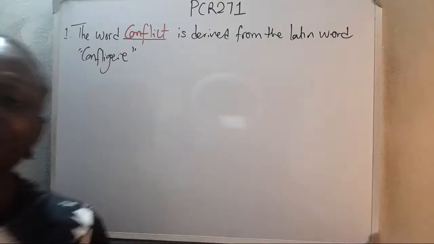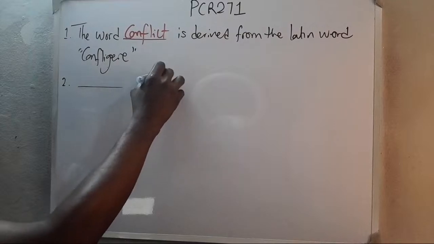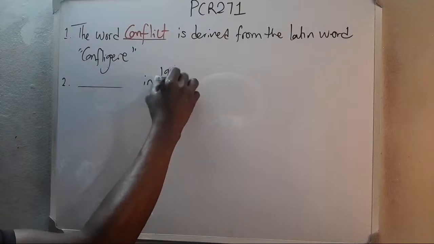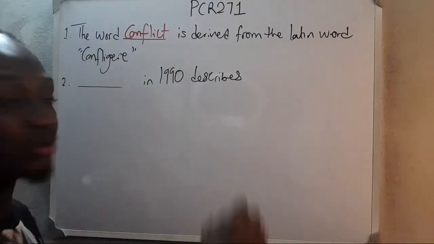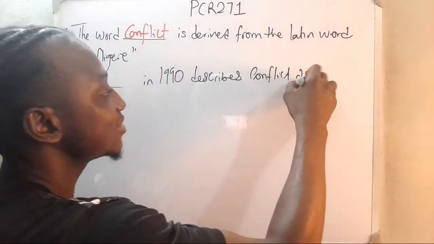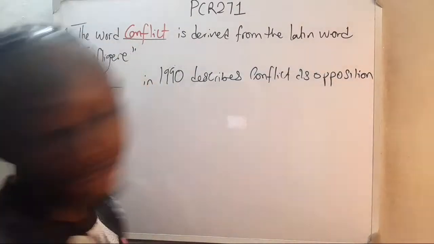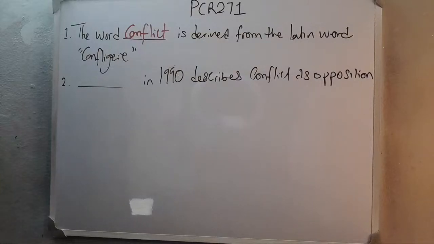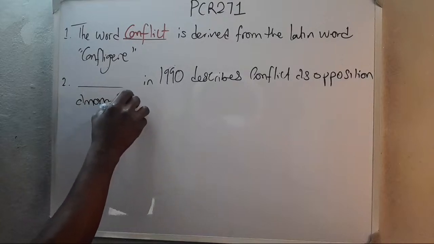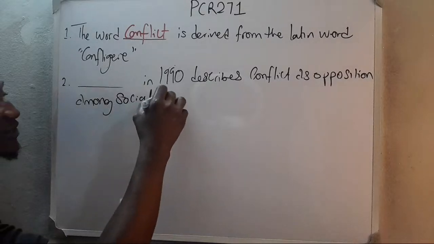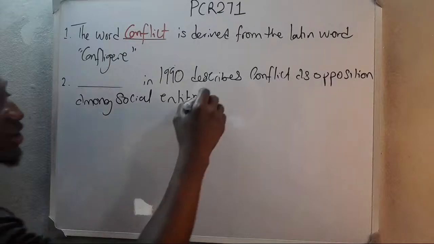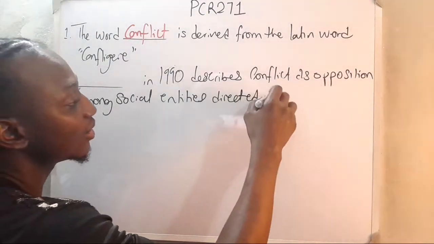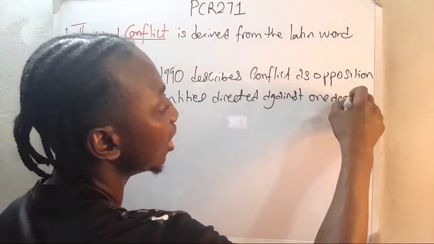Dash in 1990 described conflict as opposition among social entities directed against one another.